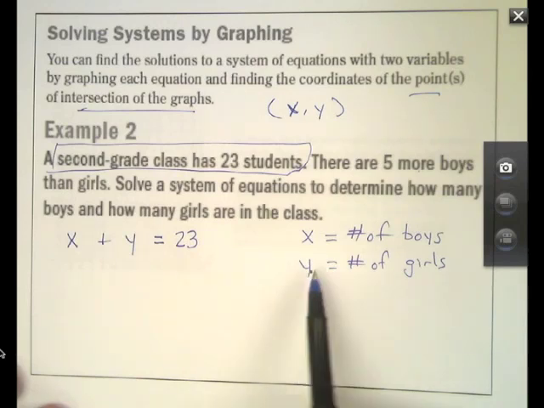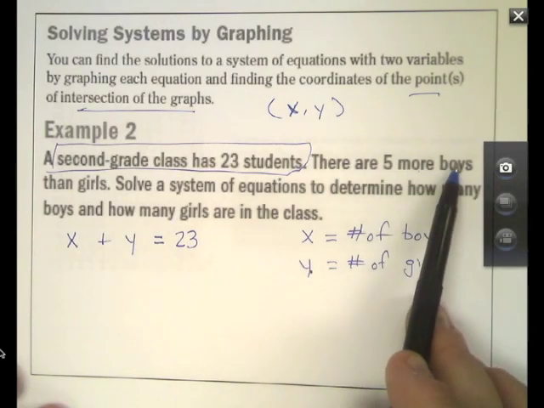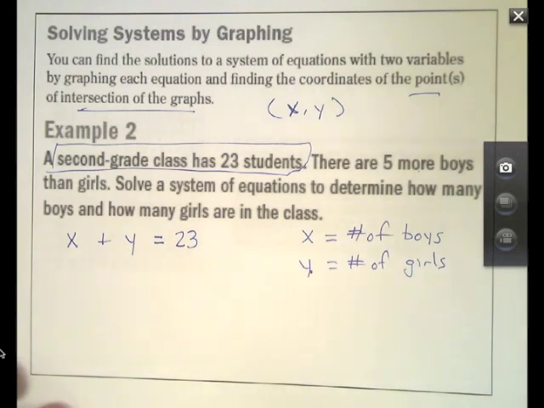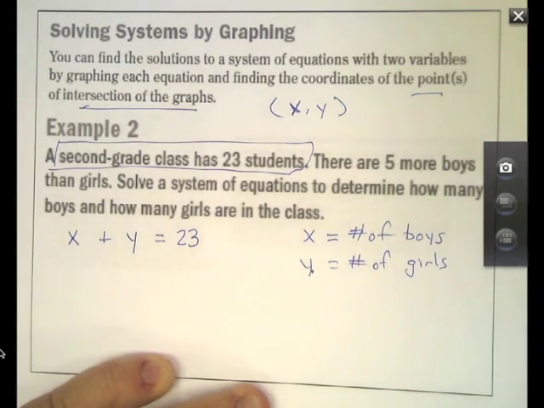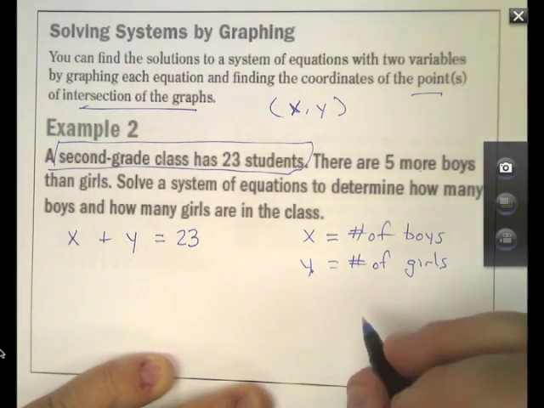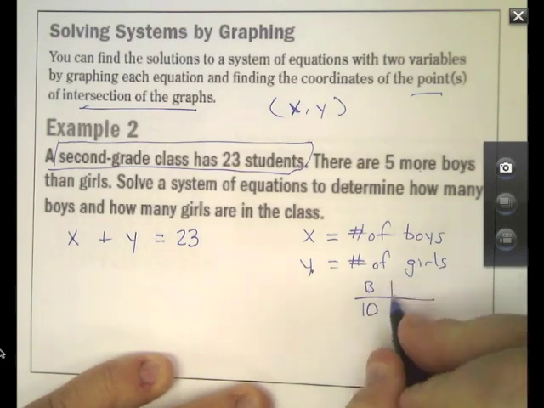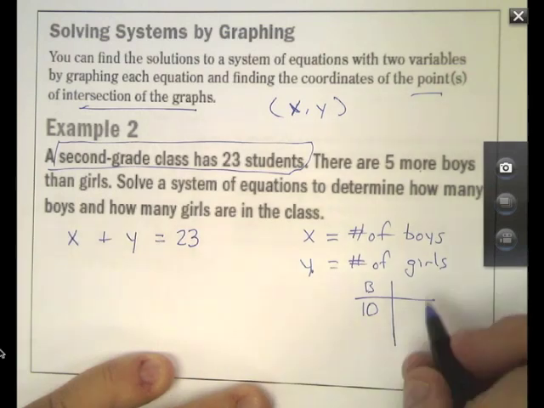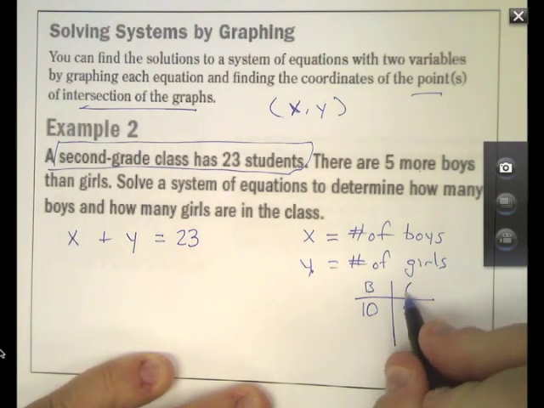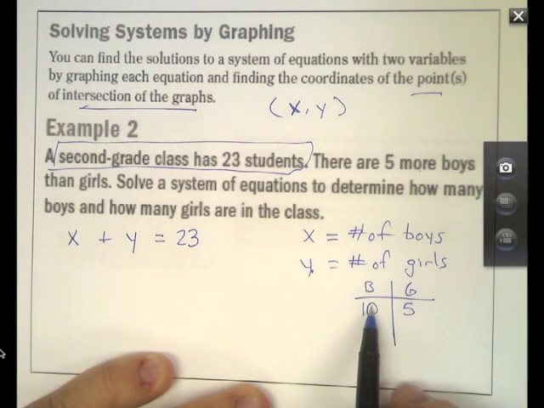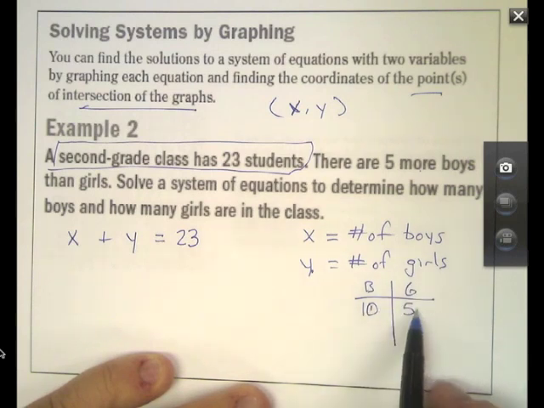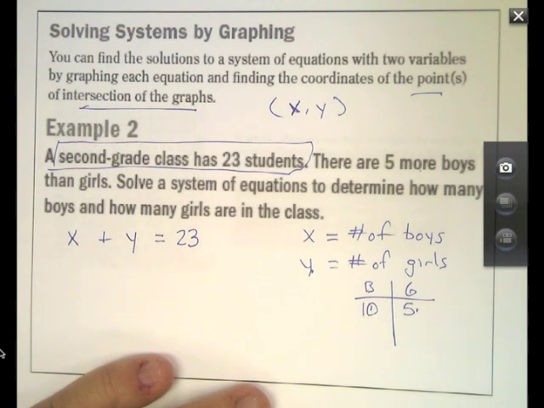So if you think about this, 5 more boys than girls, that means if we have 10 boys, there are only 5 girls, because there are 5 more boys than girls. So how would you write that as your equation?